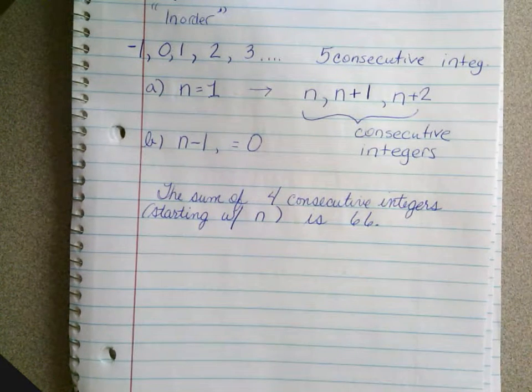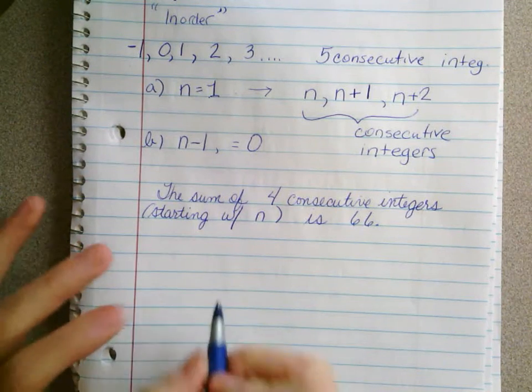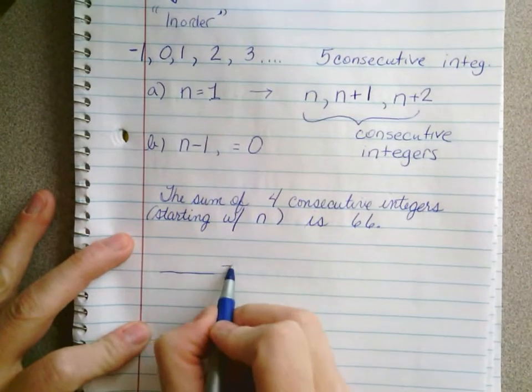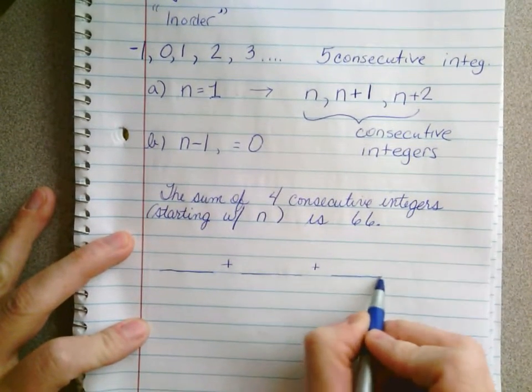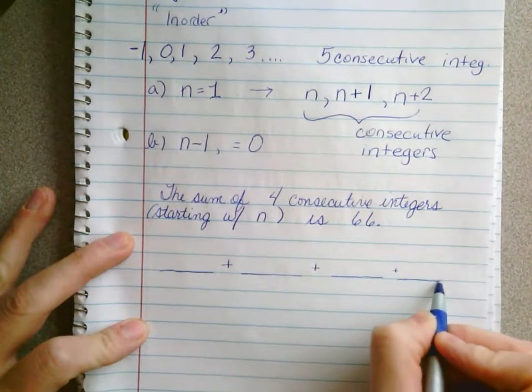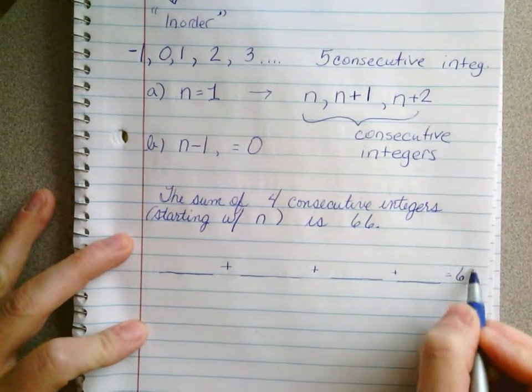So the word sum means we're going to add, right? And what we're adding together is 4 consecutive integers, right? So here's the first one, added to the second one, added to the third one, added to the fourth one equals 66.